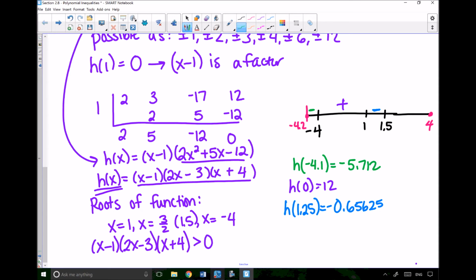And then let's do one more right here. In this area right here, let's choose any value we want between 1.5 and 2. Let's try 3.